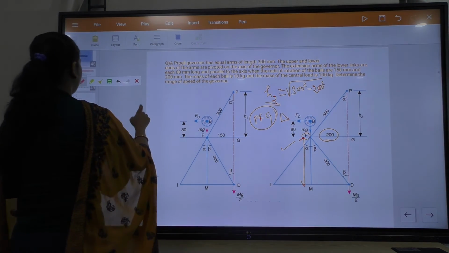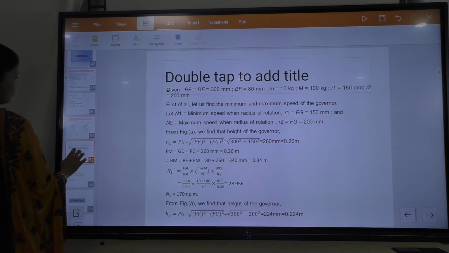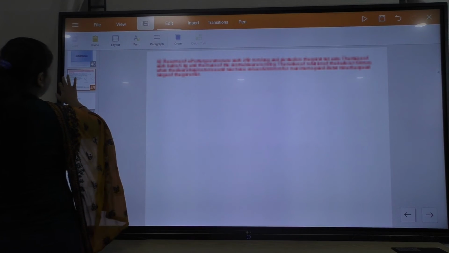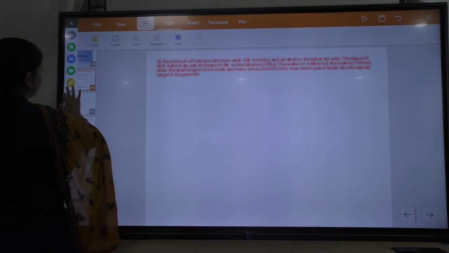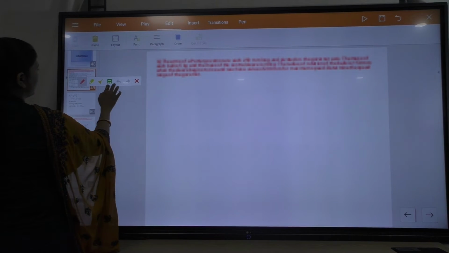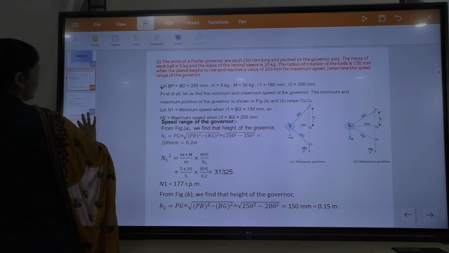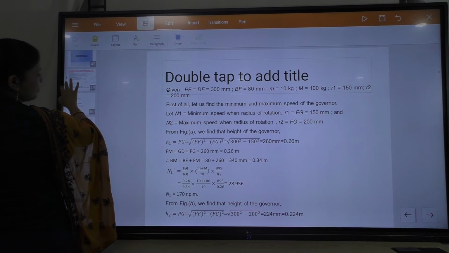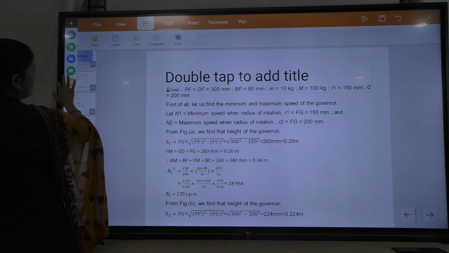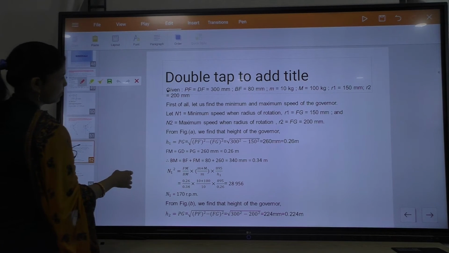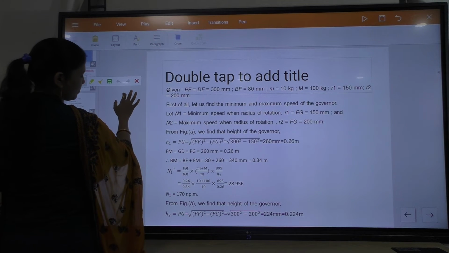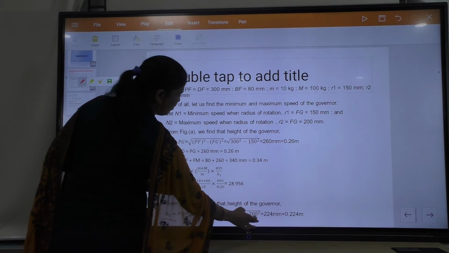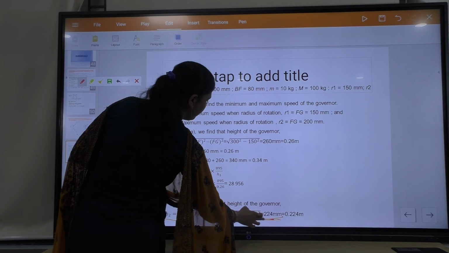So now here we have calculated the value of H2, which will be equal to 224 mm.